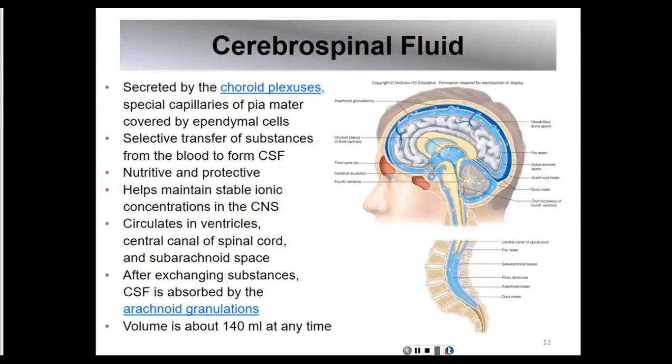It will help maintain a stable ionic concentration in the central nervous system, and CSF will actually circulate. It has almost a pulse to it, where it will move throughout the ventricles, down the central canal of the spinal cord, and in the subarachnoid space in those areas.